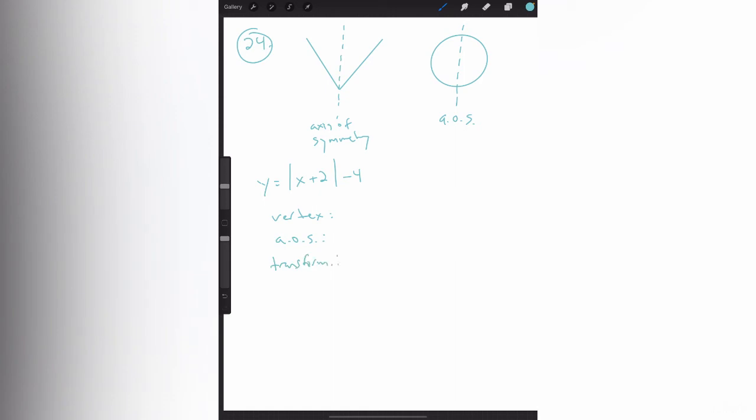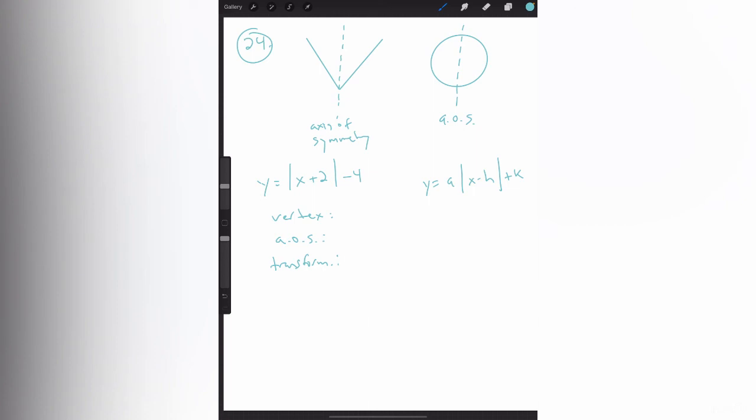The way I can tell where a vertex is, is by looking at the equation: y is equal to a times the absolute value of x minus h plus k.